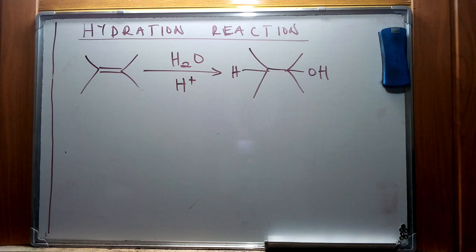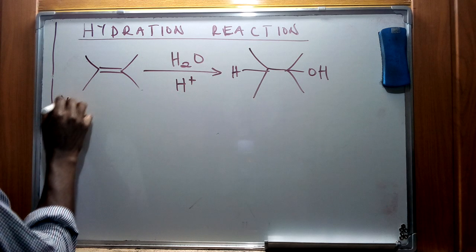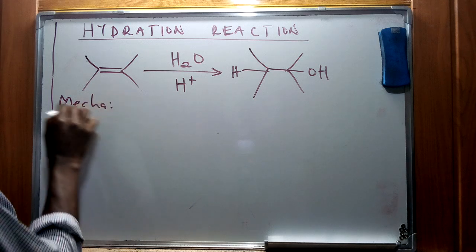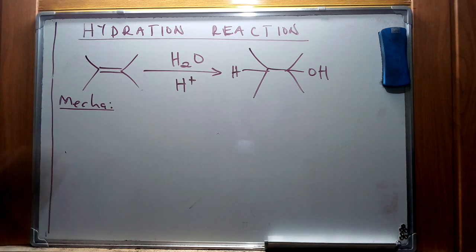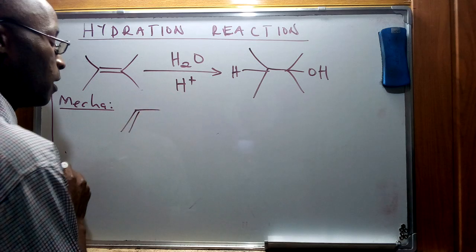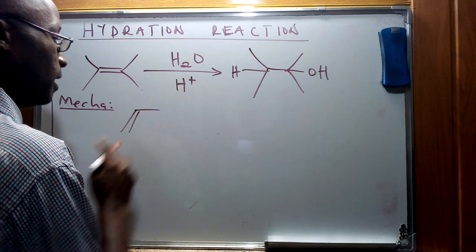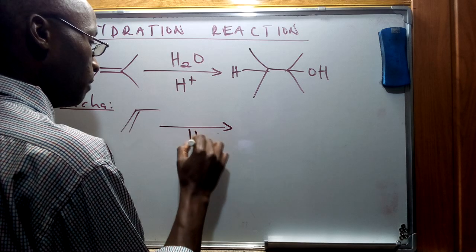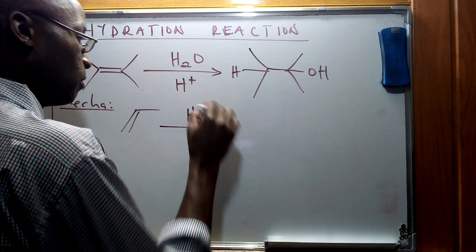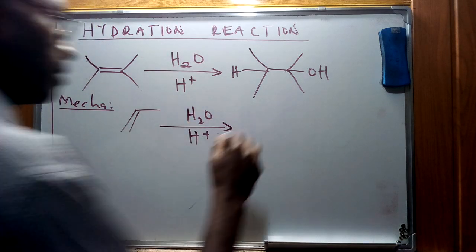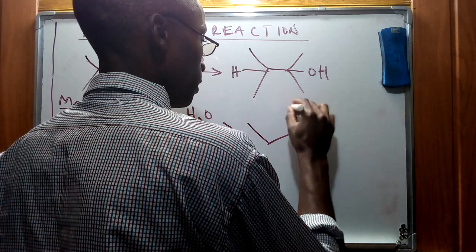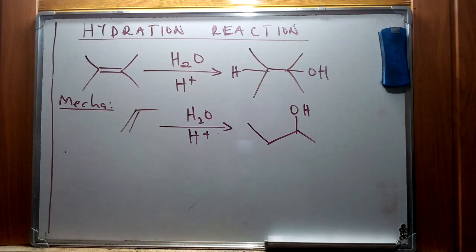We can have a specific example, or illustration of a mechanism for alkenes, whereby we're going to see how the subsequent steps take place. For instance, if we had a molecule of this specific kind, and we're performing this hydration process, we're going to have the final product as an alcohol, which is a secondary alcohol.